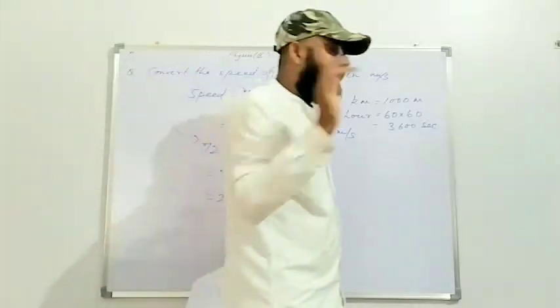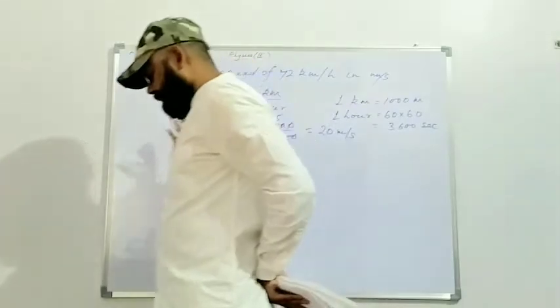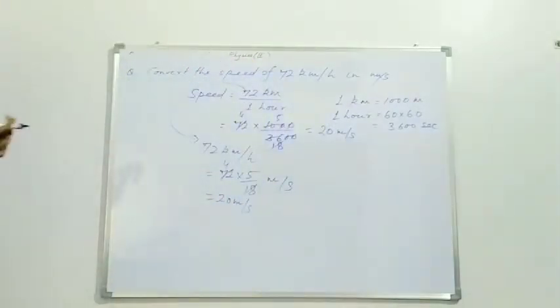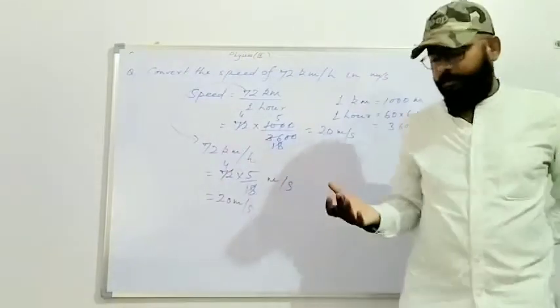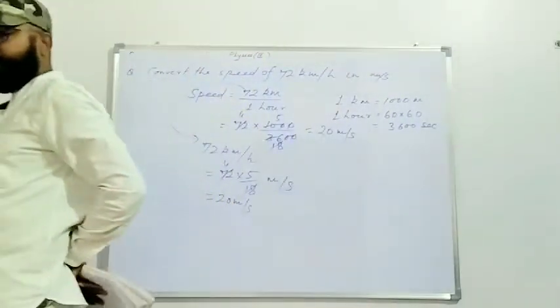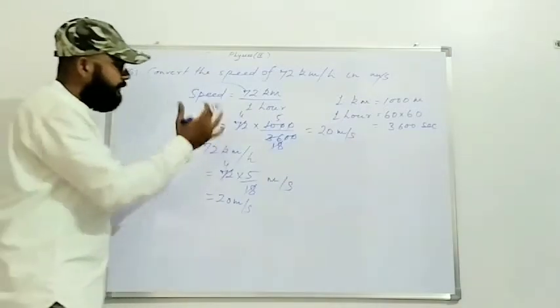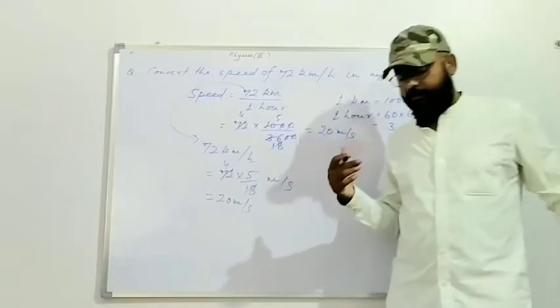Got it? So like this you can convert one unit to another unit. Suppose kilometer per hour is given, you have to convert into meter per second. Suppose it is given in meter per second, you can also convert into kilometer per hour.